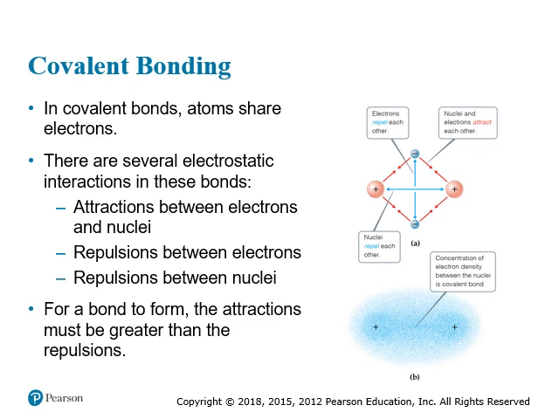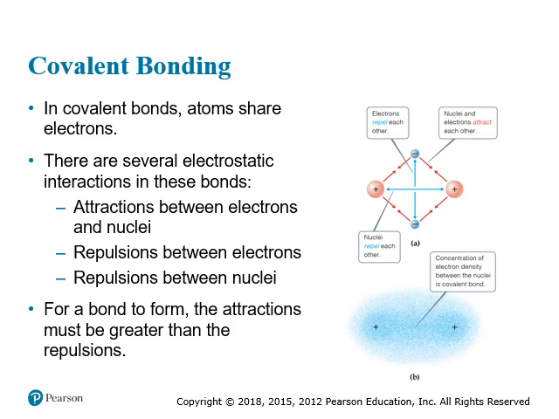Tucked way down deep inside the nucleus is where we find the protons and the neutrons. So the electrons from one atom are going to be attracted to the nucleus of the other. But at the same time, if these atoms are in close enough proximity, the electrons on one atom are going to repel the electrons on the neighboring atom.